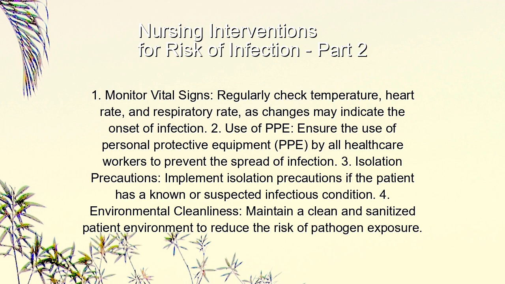Three, isolation precautions: implement isolation precautions if the patient has a known or suspected infectious condition. For environmental cleanliness, maintain a clean and sanitized patient environment to reduce the risk of pathogen exposure.